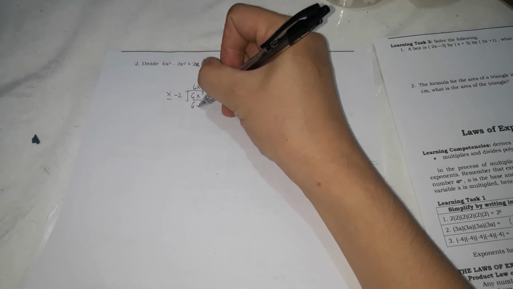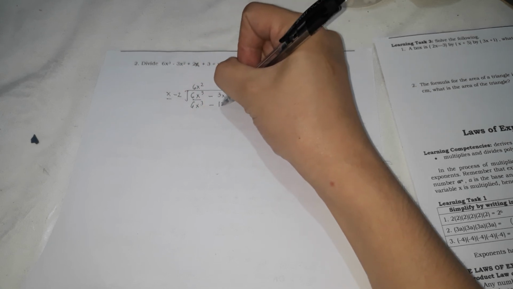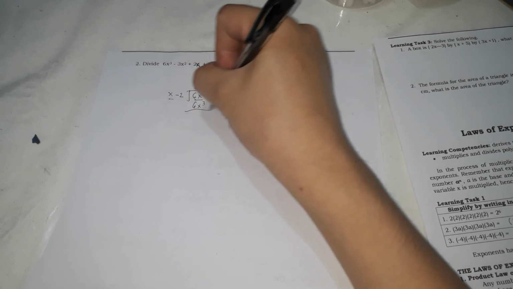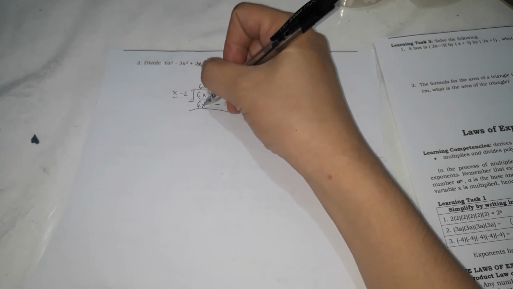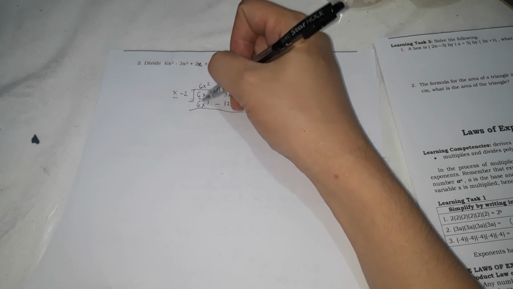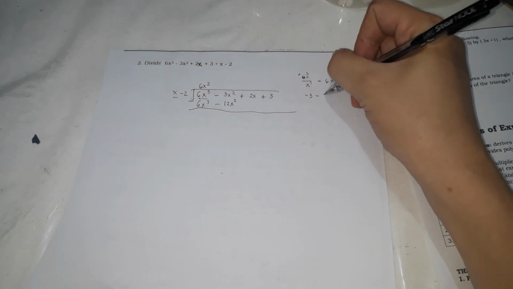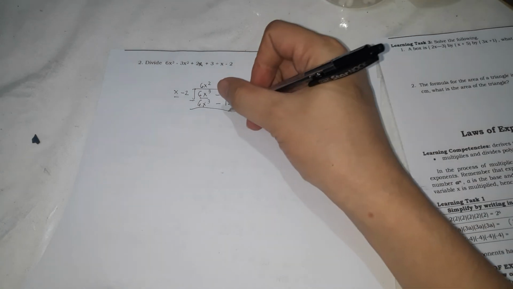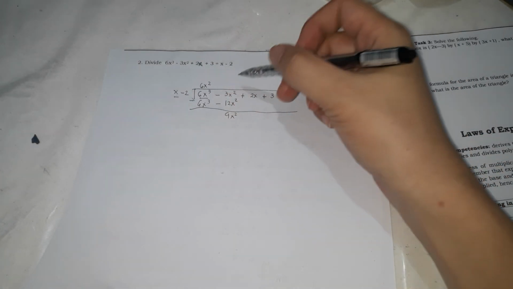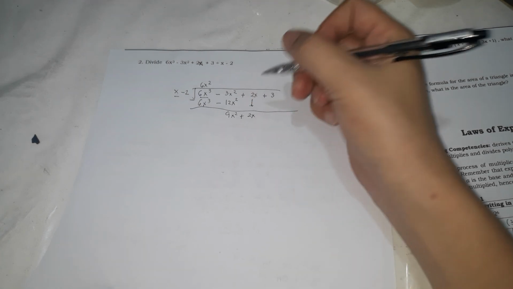So, that's 6x cubed. 6 times negative 2, negative 12x squared. Minus 0, kasi 6 minus 6 is 0. Dapat 0 palagi ang answer. So, negative 3 minus negative 12. Magiging positive 9. 9x squared. Copy x squared. Bring down mo yung 2x. Bring down mo yung isang term lang.